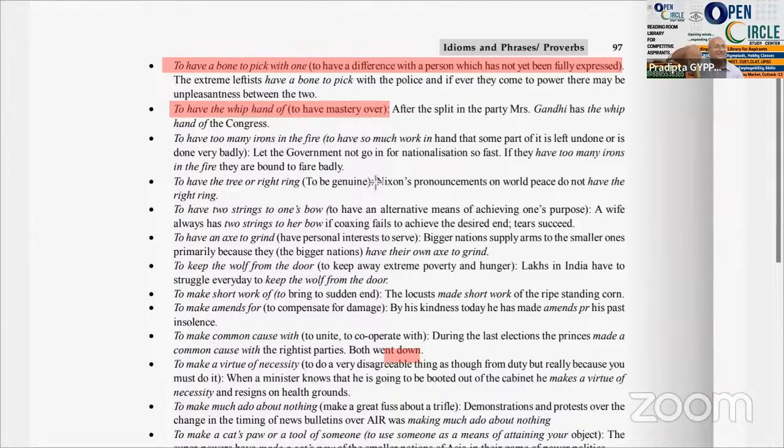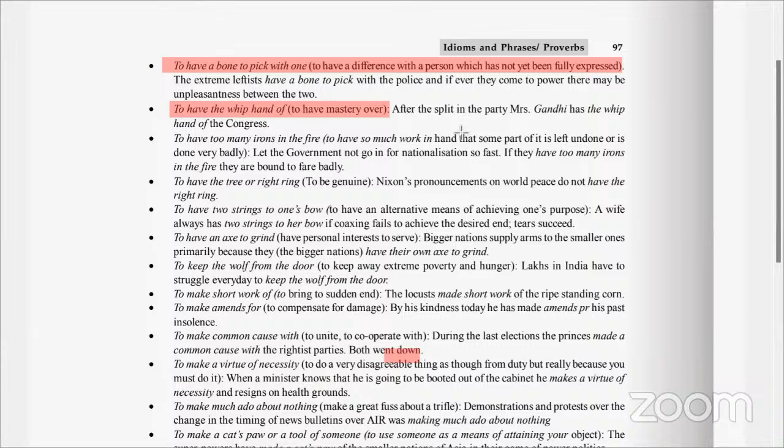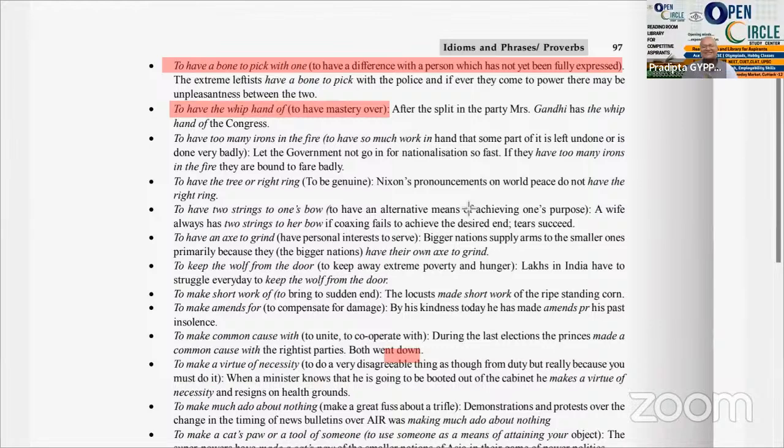If somebody has so much control over others, we say he has the whip hand. Like puppets. Now see the sentence: After the split in the party, Mrs. Gandhi has the whip hand of the Congress. Means Mrs. Gandhi was controlling the Congress.